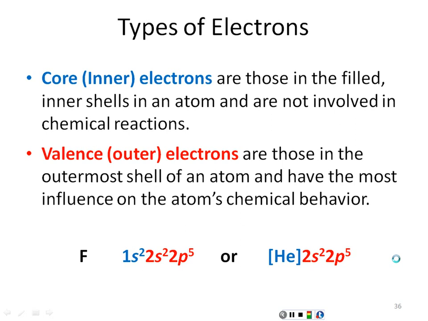Its core electrons would be that of the previous noble gas, which would be helium. So that would be the 1s2 electrons. And its valence or outer electrons would be 2s2, 2p5. So fluorine has two core electrons that aren't involved in the chemistry of fluorine, and 7 valence electrons.